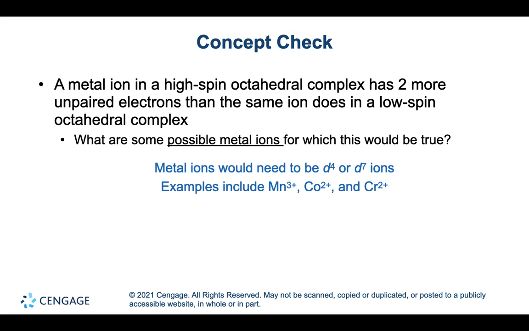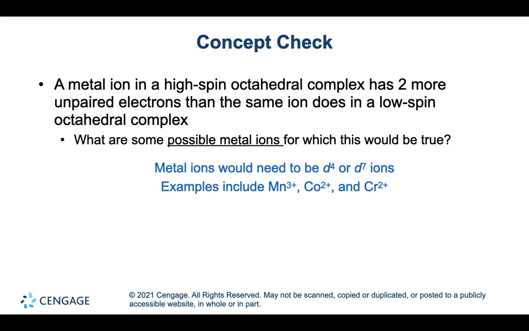Okay. A metal ion in a high spin octahedral complex has 2 more unpaired electrons than the same ion in a low spin. So 2 more unpaired electrons. So the possible metal ions would be something either d4 or d7.